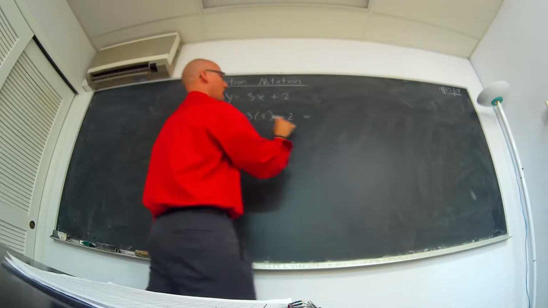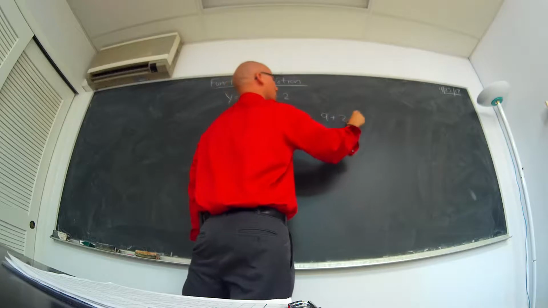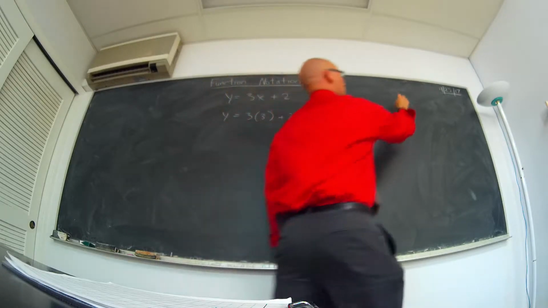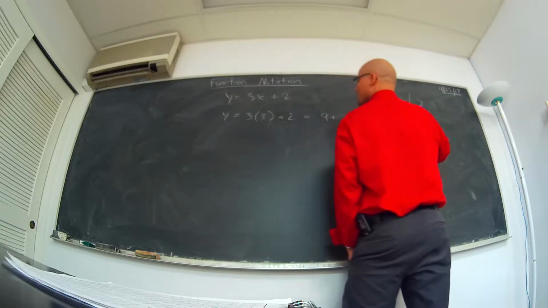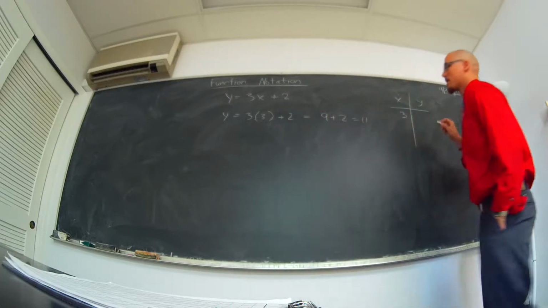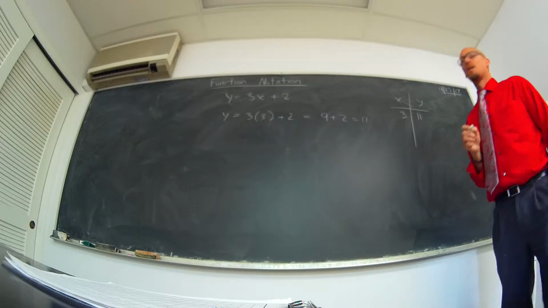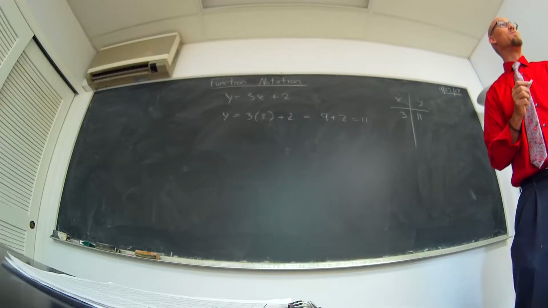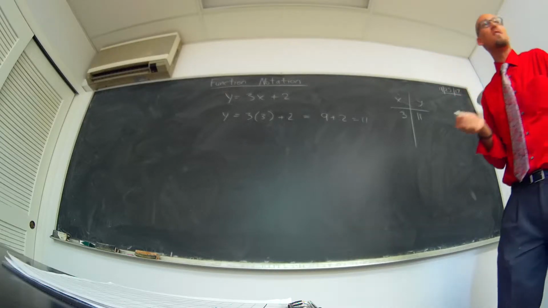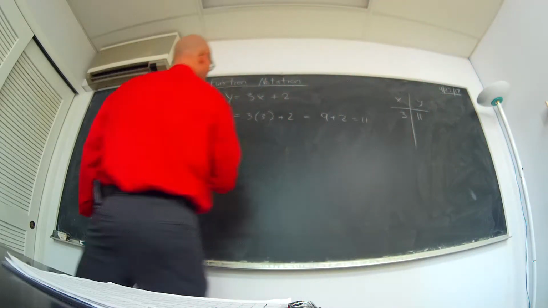We get 9 plus 2. So we can do an xy table here and say when x is 3, y is 11. No big news? Okay, so here's what we're going to do.